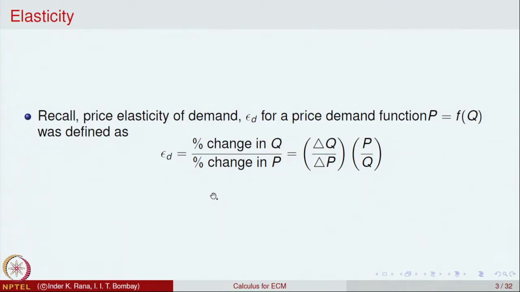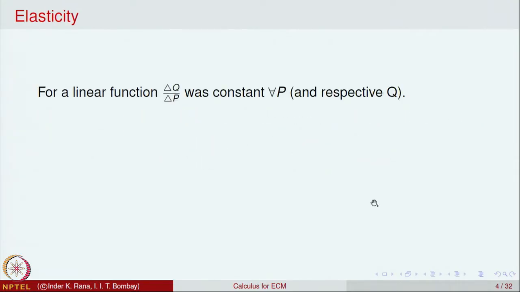The coefficient of elasticity, this constant, gives the sensitiveness of how the function changes. We had a discussion in our previous lecture. So, we take it from there, and this is the definition of coefficient of elasticity of demand, which comes out to be delta q by delta p, change in q divided by change in p, multiplied by p by q.